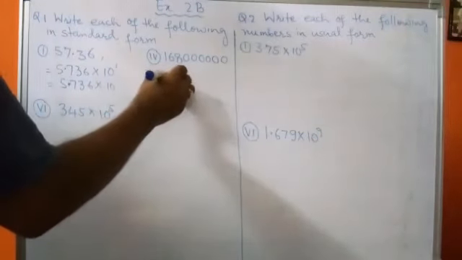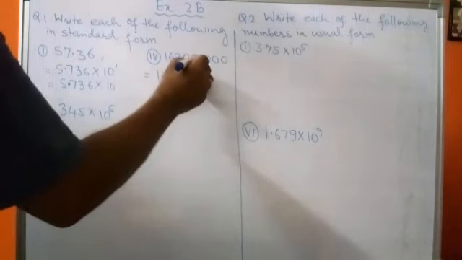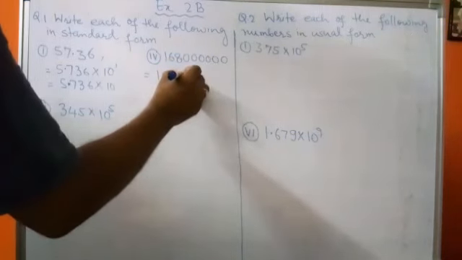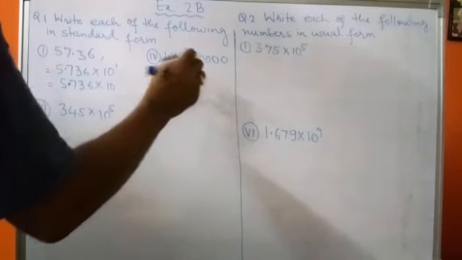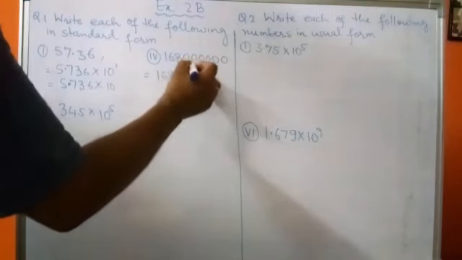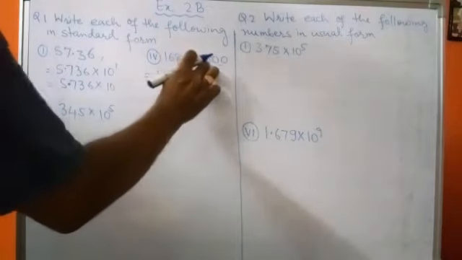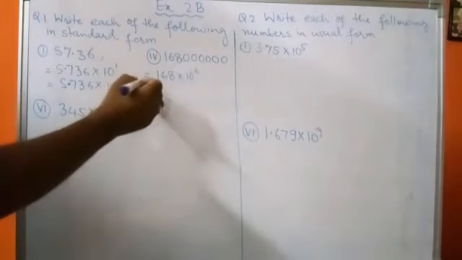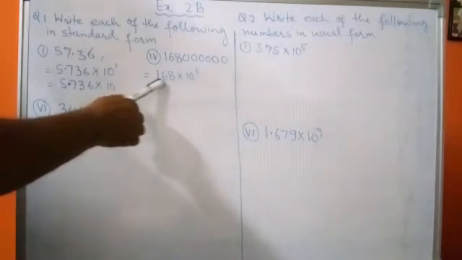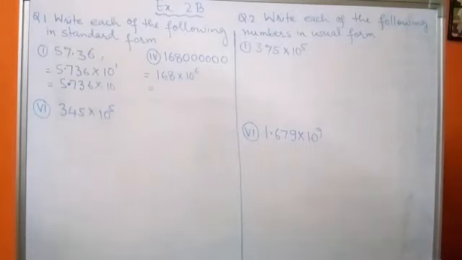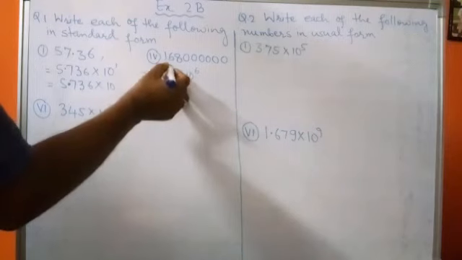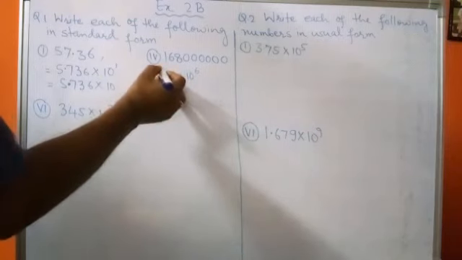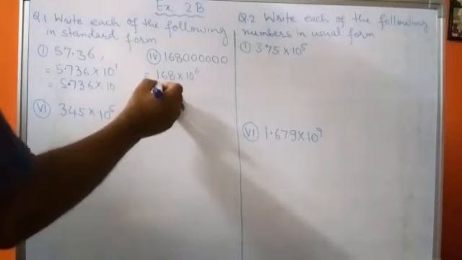We can also write 168 into 10 to the power 6, because 6 zeros are here. Now first of all, this 168 is to be expressed in standard form, that means the decimal is to be assumed here and moved two places to the left-hand side.